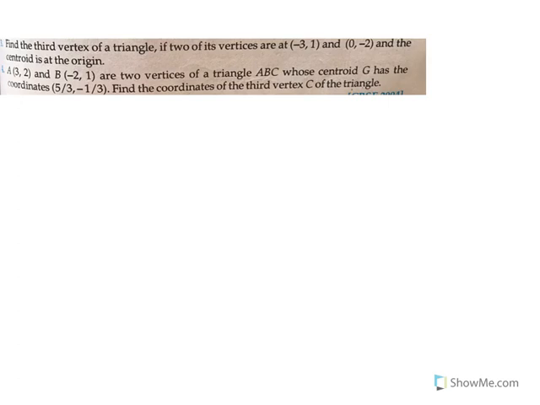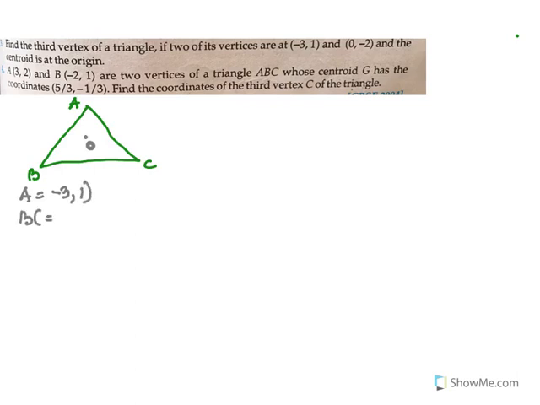Find the third vertex of a triangle if 2 of its vertices are minus 3, 1 and 0, minus 2 and the centroid is the origin. So here we have the triangle. This is A, this is B, this is C and this is the centroid O. And here they've given us A as minus 3, 1.